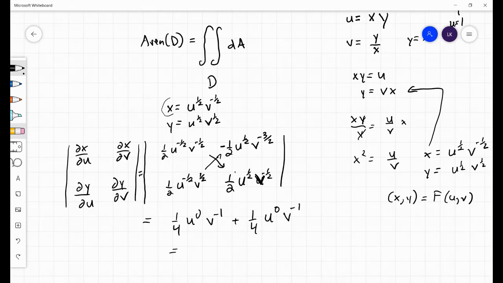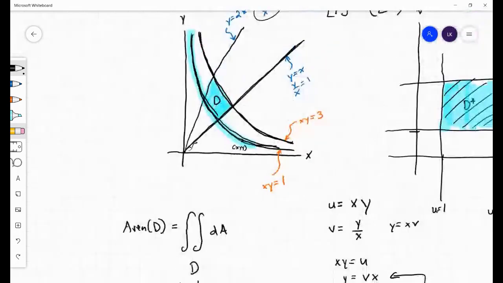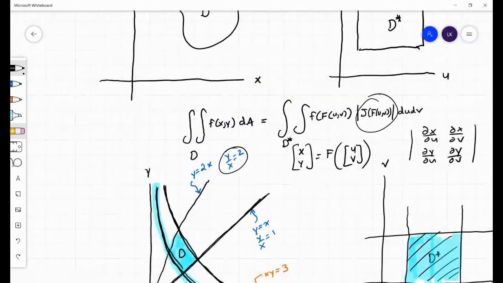Okay. So we get 1/2 times 1 over v. All right. So that's the Jacobian. And then we would take the absolute value of it. That's what the little bars are there to remind you of. It's absolute value.